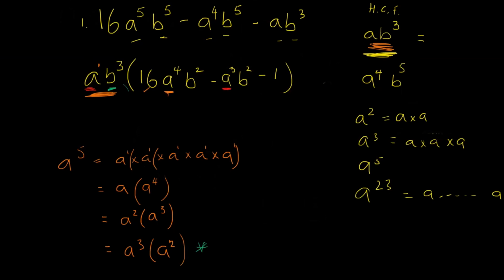And then, because I've taken the b cubed outside, but I want to multiply it by a number to get to b to the power of 5, I've got to multiply it by b squared, because b cubed times b squared equals b to the power of 5, which is the original number here that we were looking at. And this becomes a 1, because I'm just multiplying this by 1 to get that.